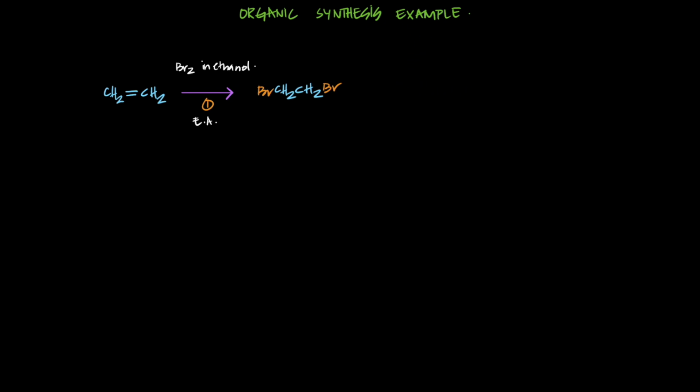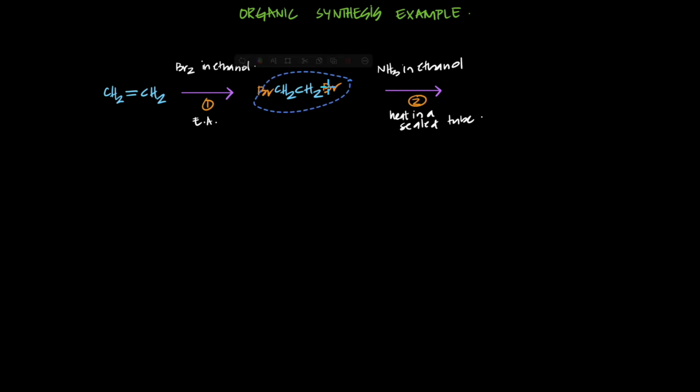Then we did another reaction with the same halogenoalkane, and I'll put reaction number 2. I'm taking ammonia in ethanol, and you're going to heat in a sealed tube. What you're going to get is you're going to eliminate the Brs.